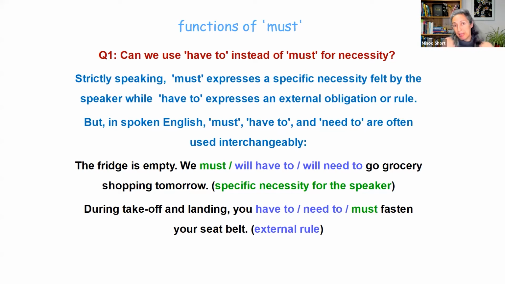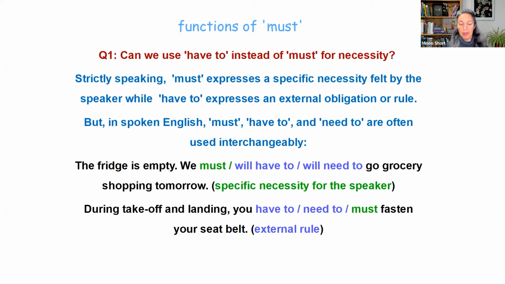So the best word to have used for the example, the fridge is empty, is we must go grocery shopping tomorrow, because it's a specific necessity for the speaker of this sentence. It's not an obligation or a rule, right? But in spoken English, you can hear any of these verbs. We must go, we will have to go, we will need to go. Now, let's take another example where we have an external rule where we should really use have to or need to.